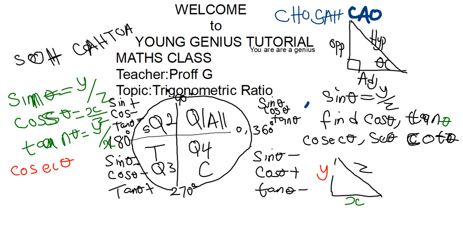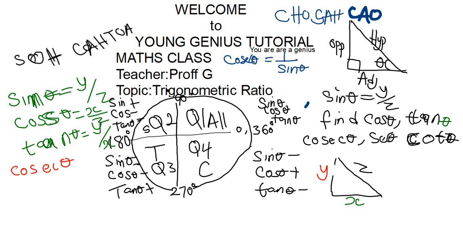And what is cosec? Let me manage this space and write it here. Cosec theta, there is a C here please. Cosec theta is equal to 1 over sine theta. That is the inverse of what you have here, the inverse of your sine theta.